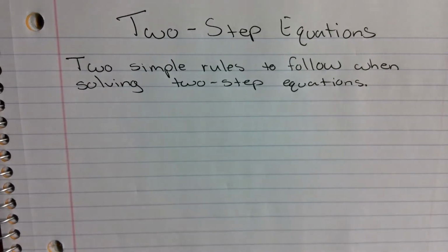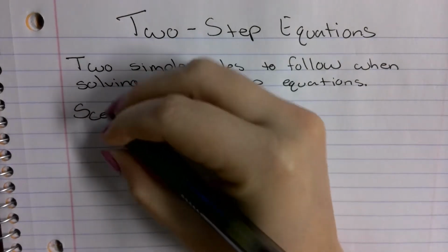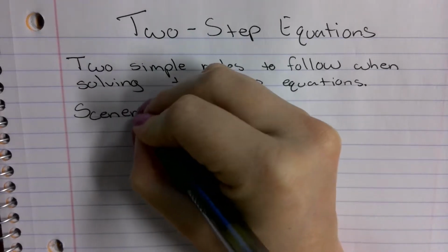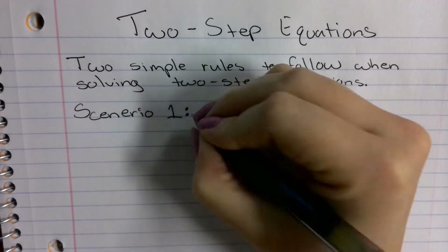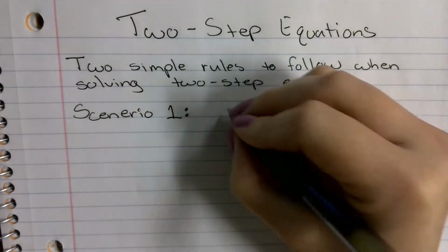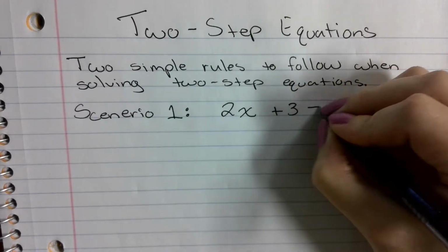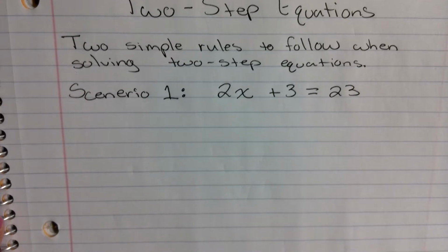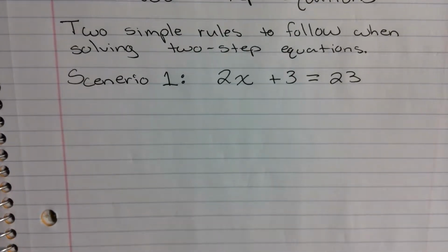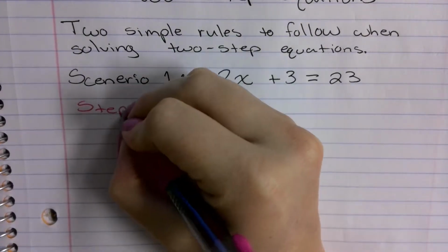So we're going to focus on scenario 1, which is probably the more common one that you guys are going to see this year. We use it a lot with geometry, and it's just basically your typical situation where it looks like the following. Like if we have 2x plus 3 is equal to 23. Okay, so this is your typical scenario 1 two-step equation where step 1, again, it's 2 steps.